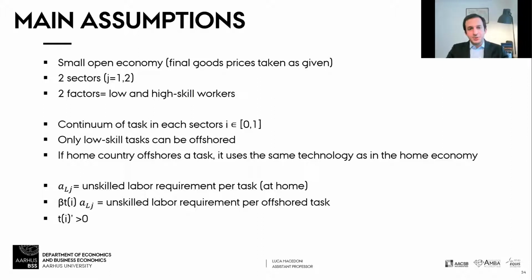So this basically captures a different cost associated with coordination or with communication and so on. You can imagine that some tasks are more easily made somewhere else, whereas others, perhaps they're more related with respect to the other functions in the company, cannot be offshored. Excellent. So now we can figure out in this model which tasks will be made at home and which tasks will be made abroad.